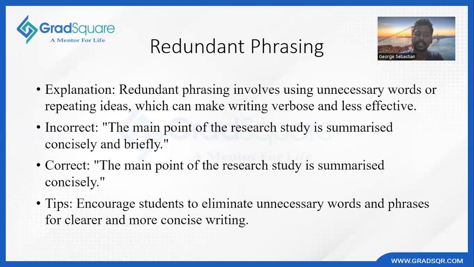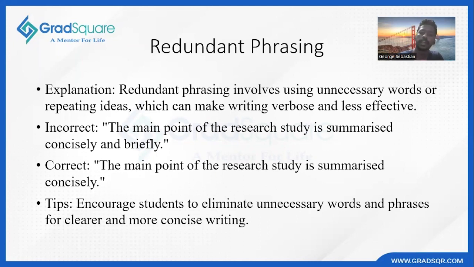The last two words, concisely and briefly, actually mean the same thing. In situations like this, we don't have to repeat. We could say, "The main point of the research study is summarized concisely." That is enough. So always make sure to eliminate unnecessary words and phrases for clearer and more concise writing.